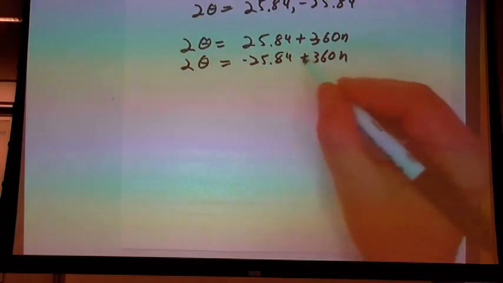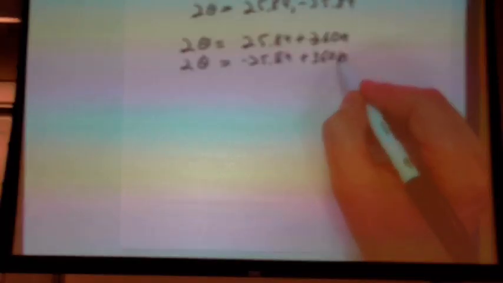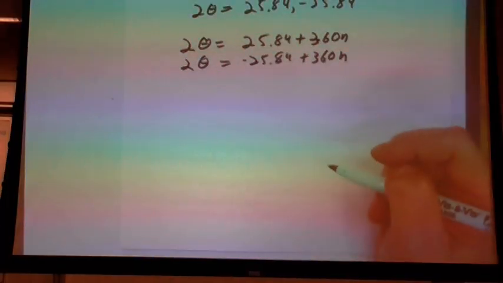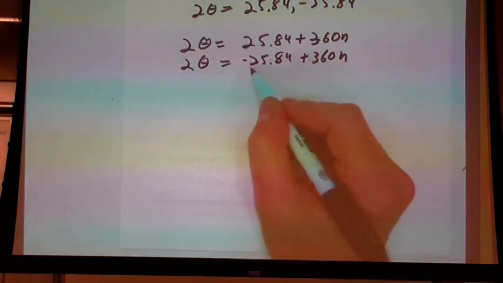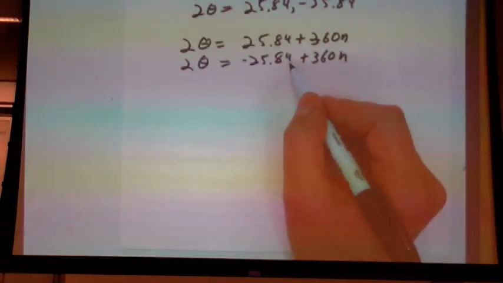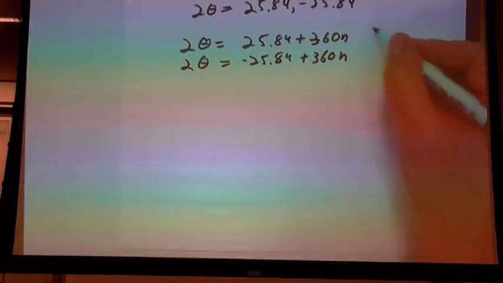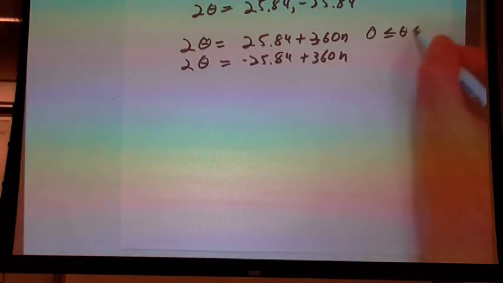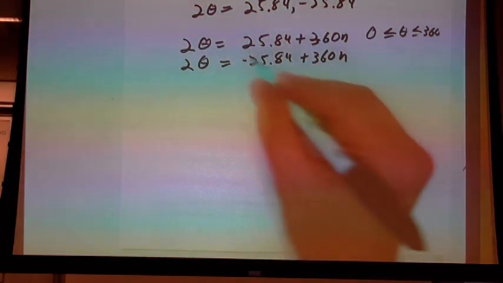So, when n is 0, these two equations give us one solution, right? This one gives you a negative 12 point something, but that's not between 0 and 360, right? So this just gives us one number.